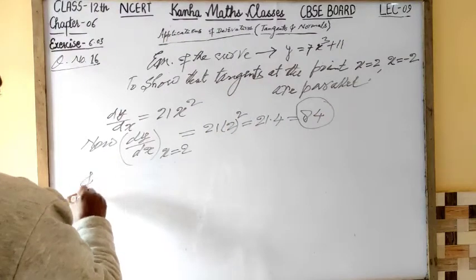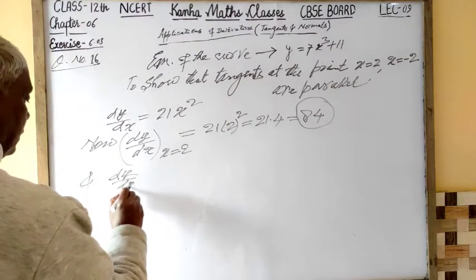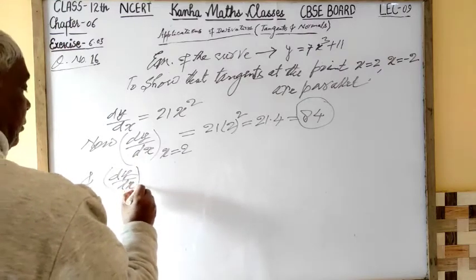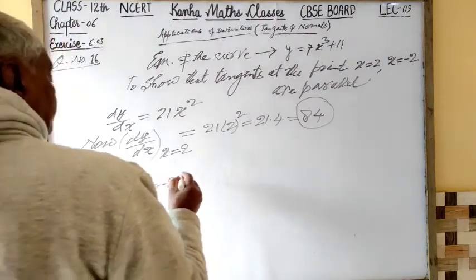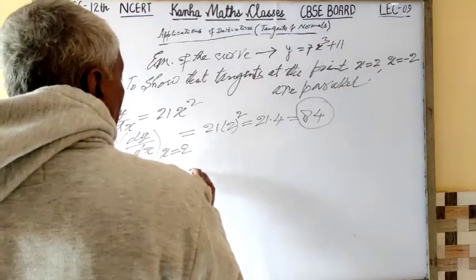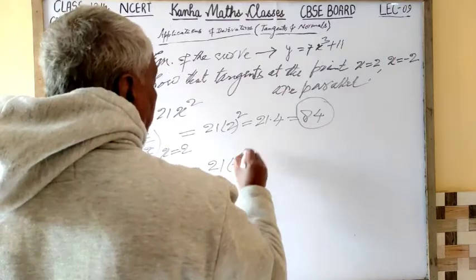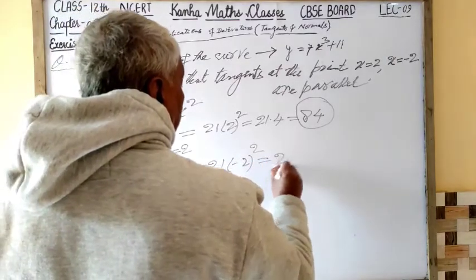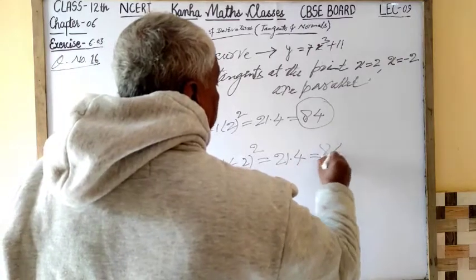And dy by dx at the point x is equal to minus 2 is 21 into minus 2 square, that is 21 into 4, that is 84.